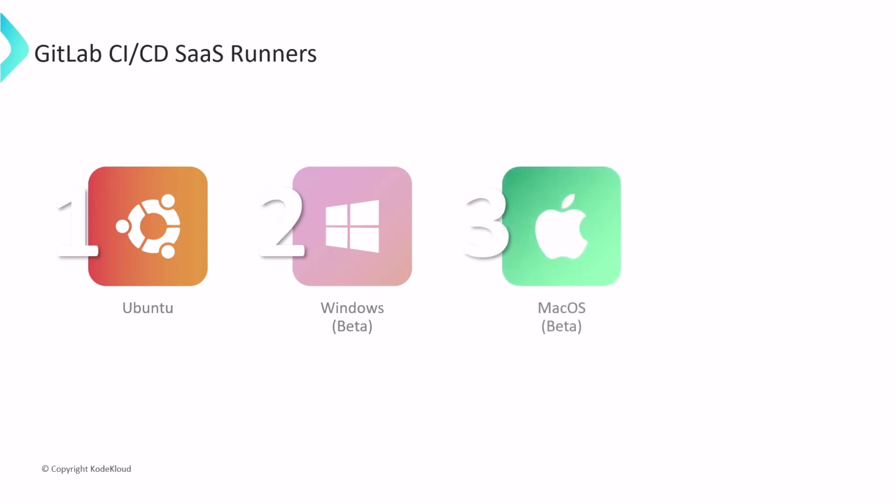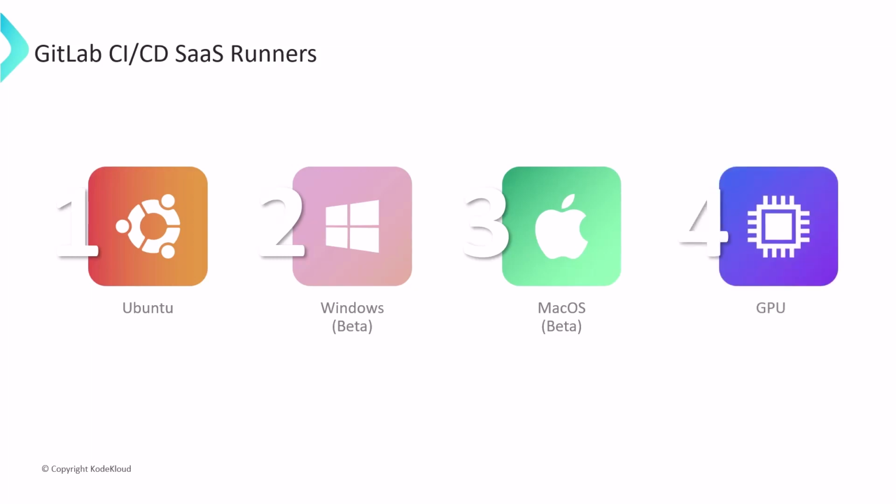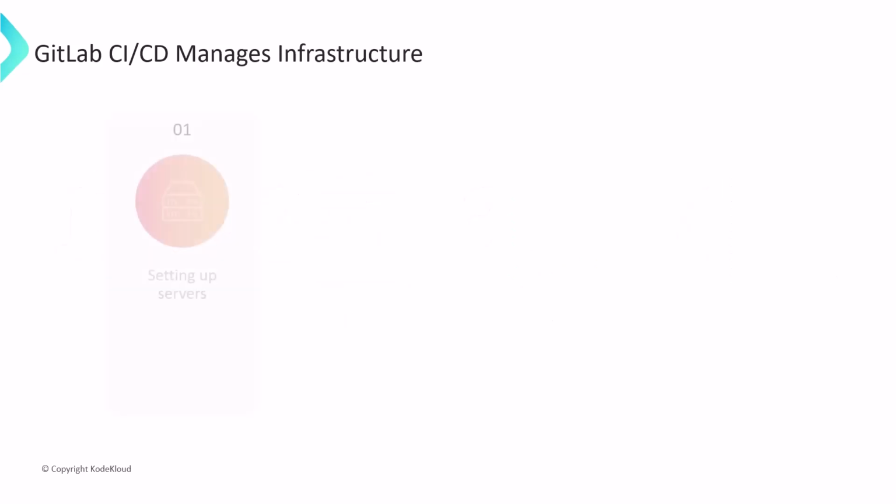You can also make use of macOS runners, which are a good choice for projects that require macOS-specific tools and services. And finally, it also provides GPU-enabled SaaS runners to accelerate heavy computing workloads for high-performance computing, such as the training or deployment of large language models as part of model ops workloads.